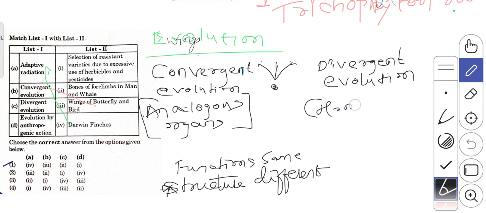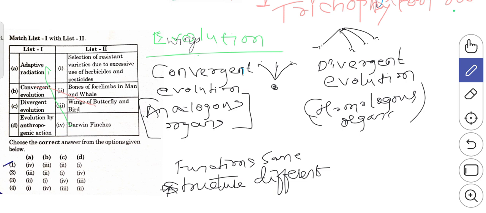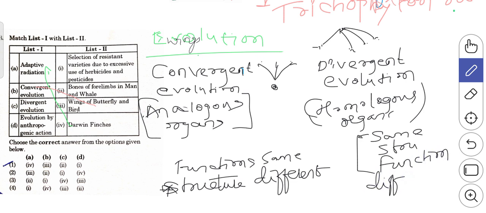This one will be called homologous organs, which have originated from a single ancestor but diverge into different places, different organisms, with the same structure but different functions.